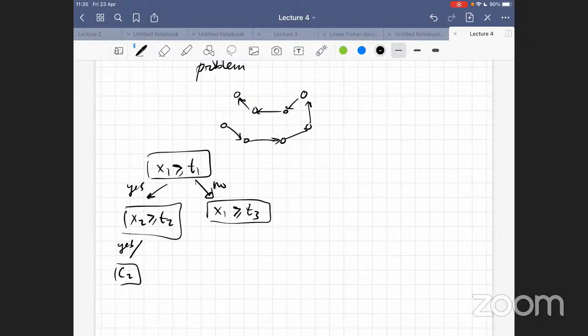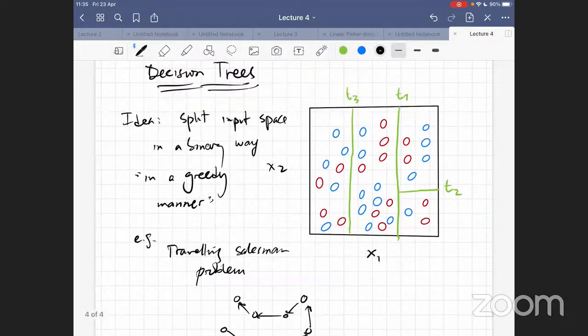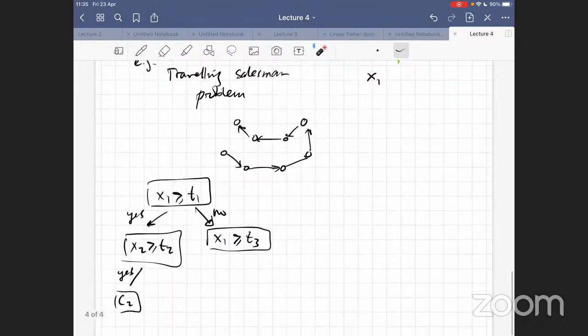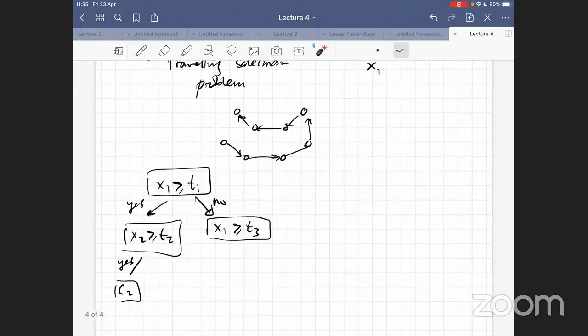For example, if x2 is larger than T2, so I am now focusing on this region here, then I may decide that this is a blue class, because I am already reaching the level or depth of the tree that I have decided, and the majority class here is the blue one, so I decide for blue, right? And if not, then the other class, right?